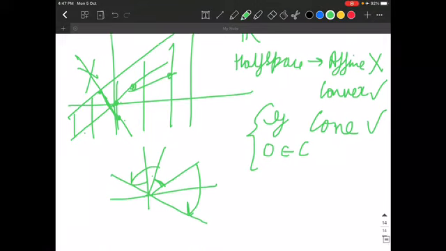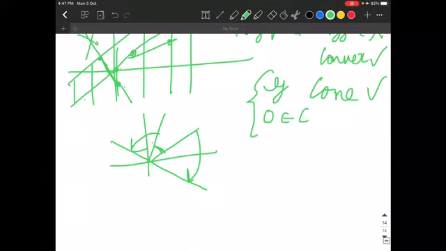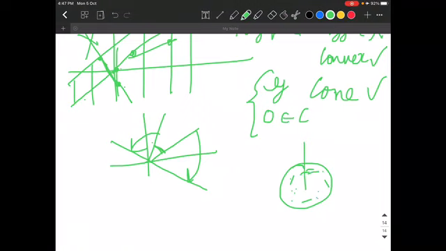Then we have a ball, a solid ball, say in R3 or R5. A solid ball consists of all the points inside the ball. Is this affine?